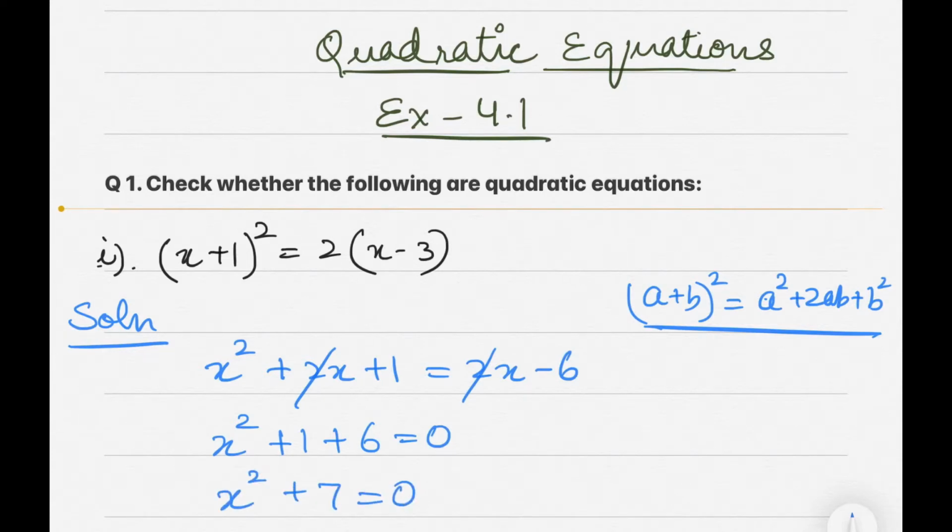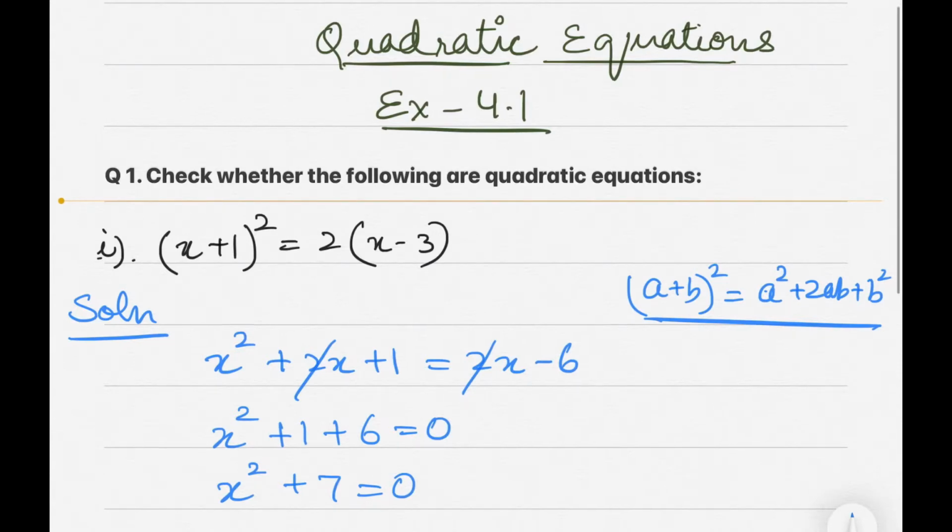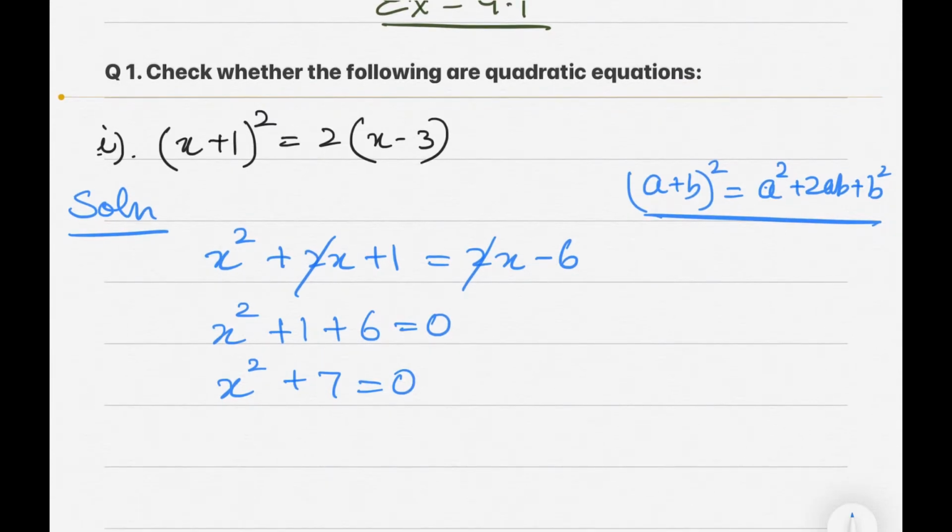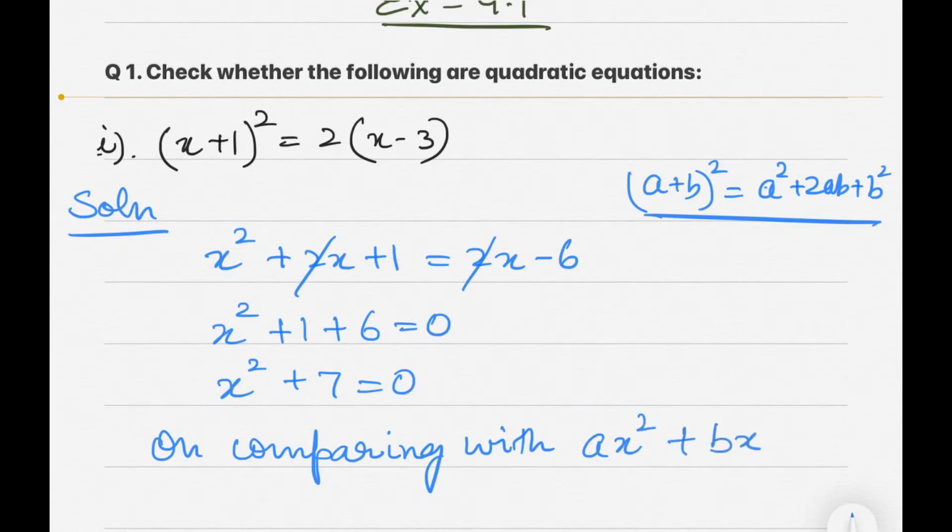So yes, I can say that it is a quadratic equation because I am getting it in the form of ax square. Now let's compare with the general form of quadratic equation, ax square plus bx plus c is equal to 0.